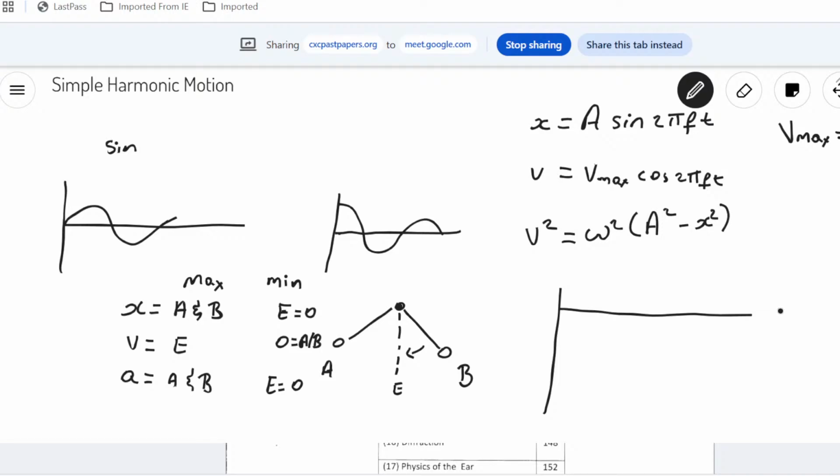I think this was the acceleration condition: acceleration towards a fixed point, and the acceleration must be proportional to displacement from the fixed point.